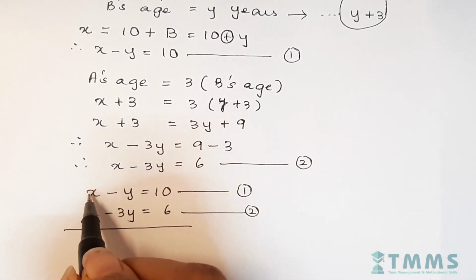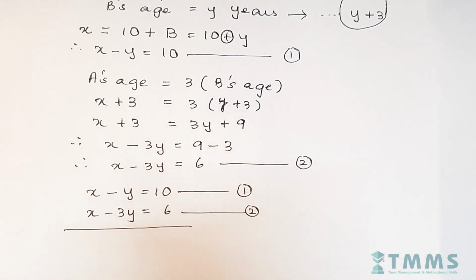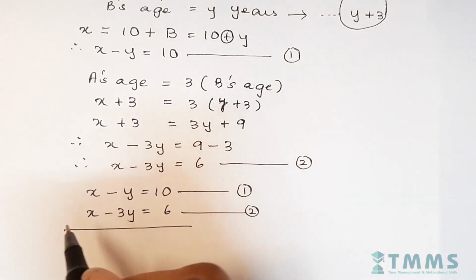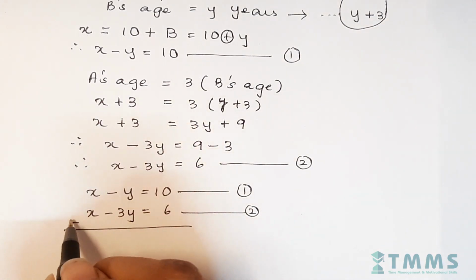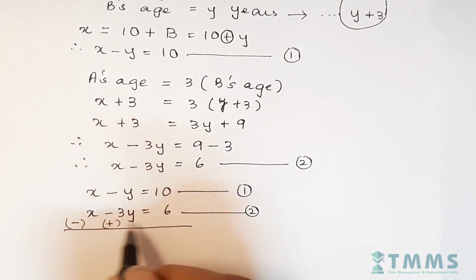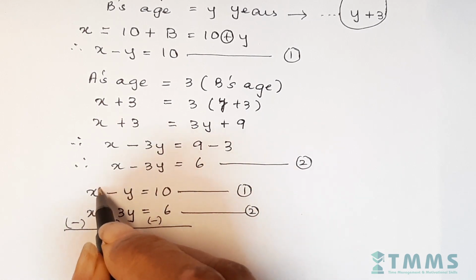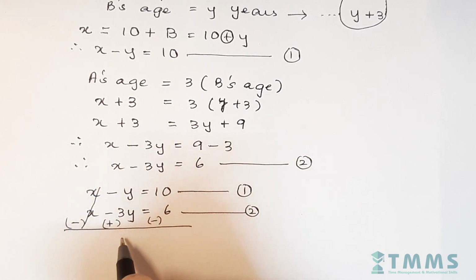But can you see our X and X, these are all ready to be cancelled, and so we will change the signs here like so and cancel this out, and we will have 3Y with plus sign, minus Y becomes 2Y, and that is equal to 4. That gives us Y equal to 4 upon 2, which is 2.